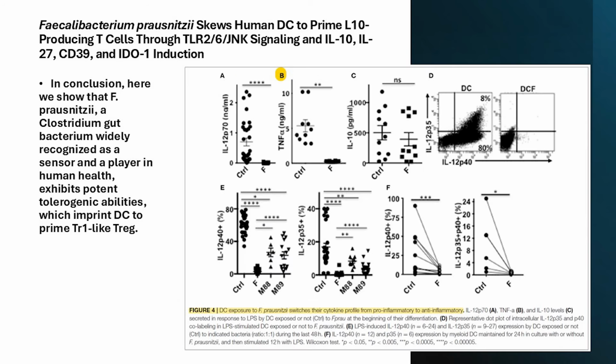And in figure 4, I highlighted how F. prausnitzii switched the profile from pro-inflammatory to anti-inflammatory. In B, we see TNF-alpha, that inflammatory cytokine targeted by so many drugs. There is a huge difference in dendritic cell TNF-alpha production when exposed to LPS as compared to LPS plus F. prausnitzii.